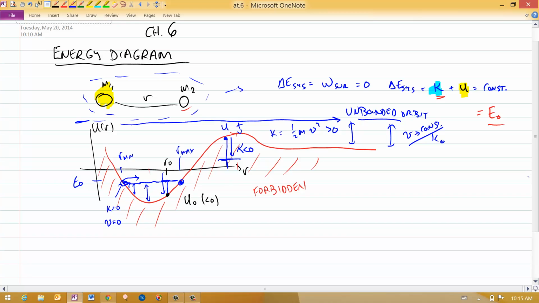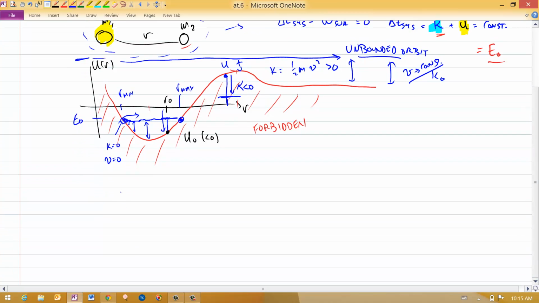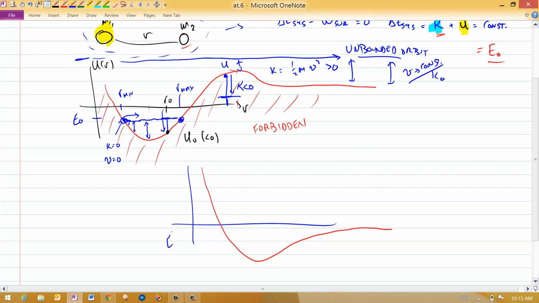And you can have different possibilities in here. Let me give you a different potential energy. So let's say the potential energy looks like so. Any orbit with a total energy less than 0 is going to have some spot where it has a minimum, some spot where it has a maximum.